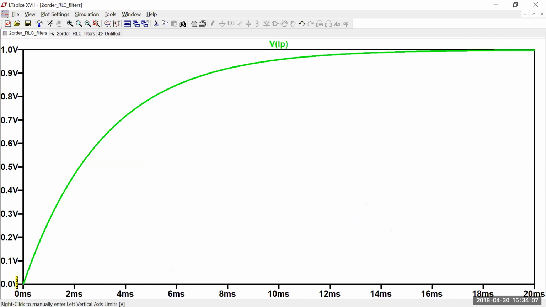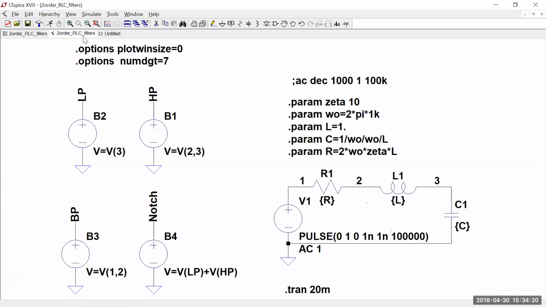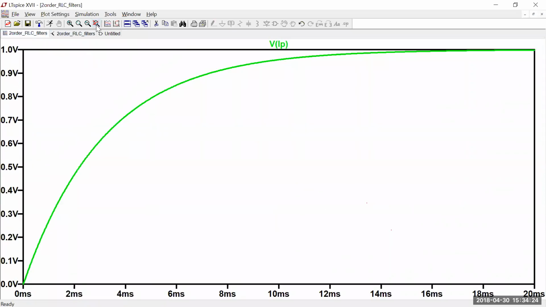It looks like a straight line, and you'd have to zoom in to tell. Oh, it's second order. So what becomes important is that you justify your answer. It's first order because it looks like a first order shape.